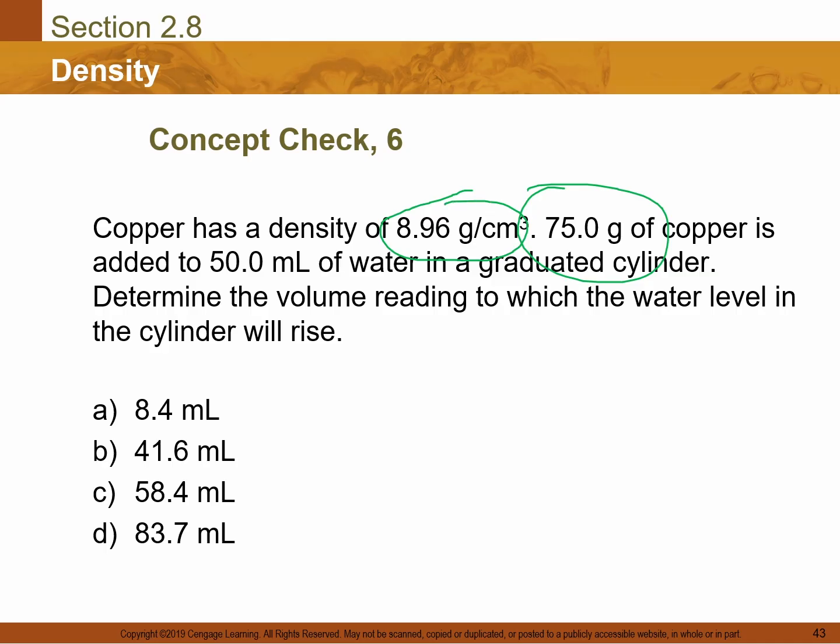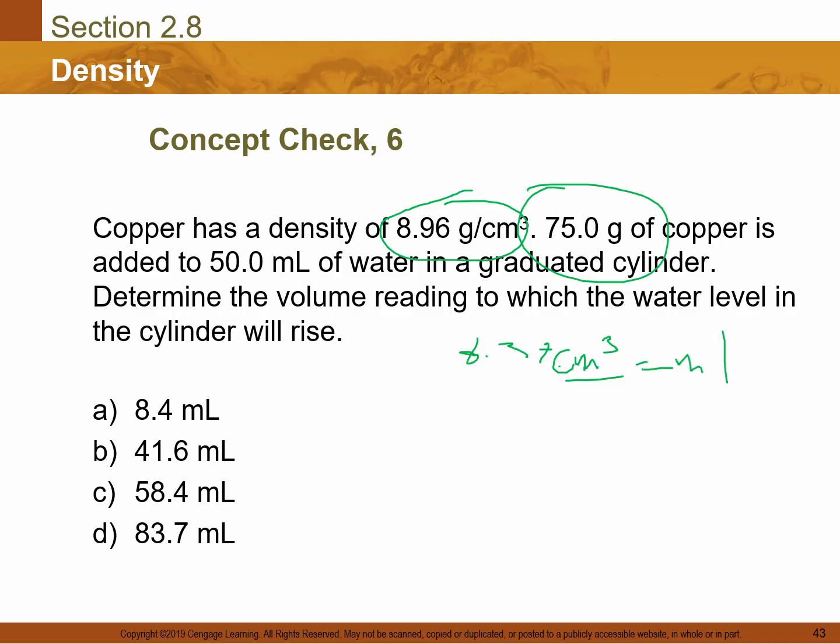That should give us, grams cancel out, 8.37, that was one of my worst ones, cubic centimeters. 8.37 cubic centimeters. That volume displaces about 8.37 milliliters of water, because remember, centimeters are equal to milliliters.